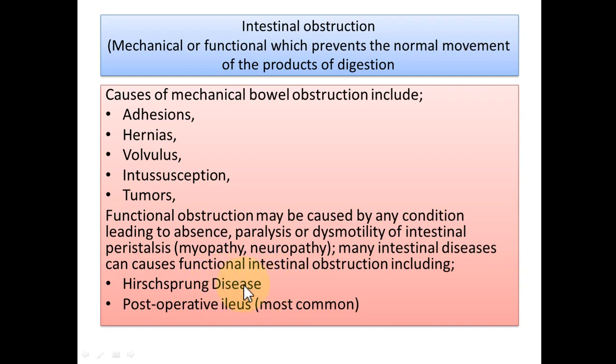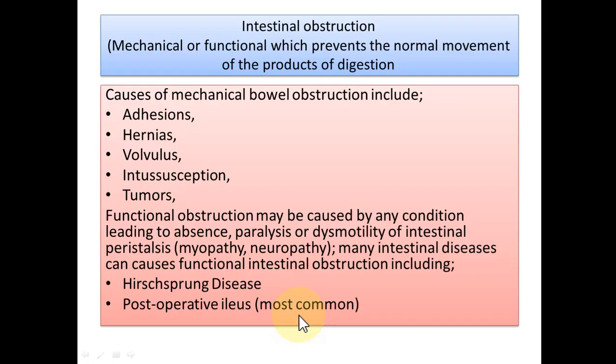These are the enteric nervous system, and here in this portion peristalsis is absent, and the food is stuck in the intestine, causing obstruction.